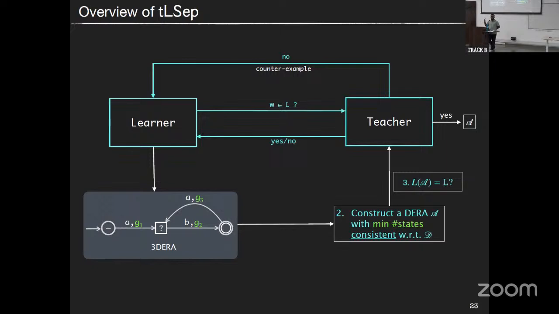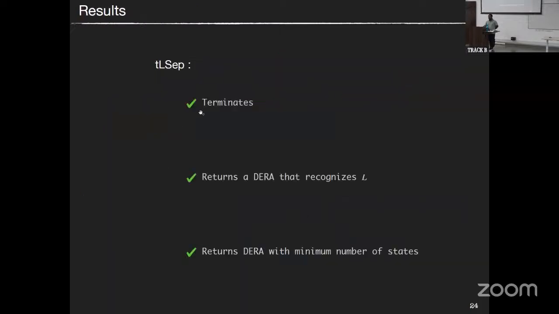One is accepting, one is rejecting, and one is don't care. So basically, everything that goes to the accepting states is accepted, everything that goes to the rejecting state gets rejected, and I don't care about the words that go to the don't care states. So the usual results are that we prove that this algorithm terminates, is correct, and we get an automaton with a minimal number of states.